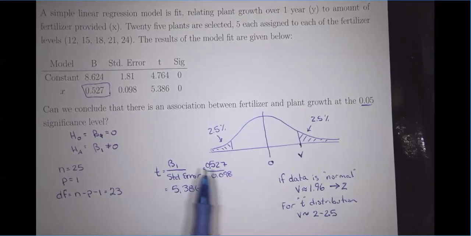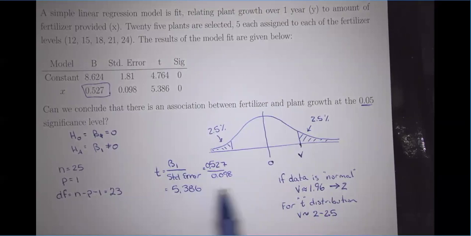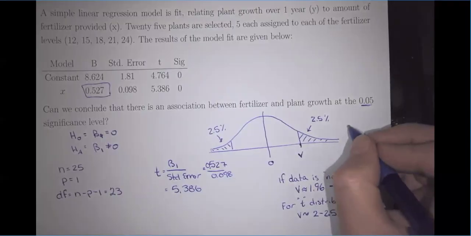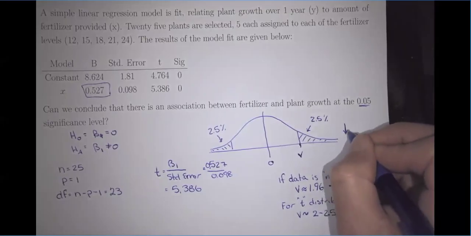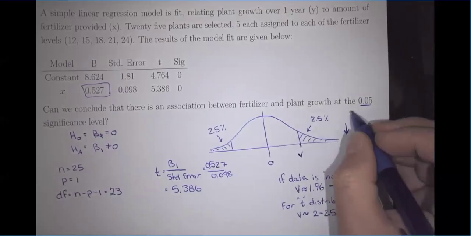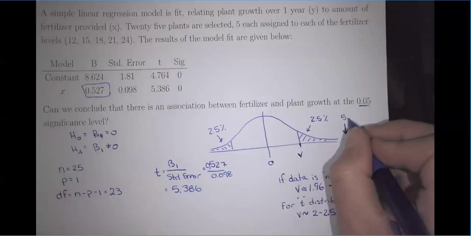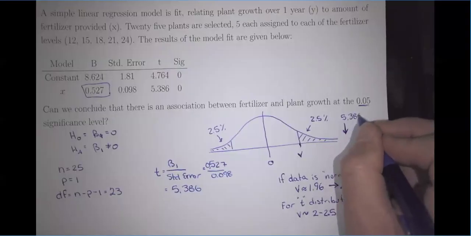So our beta 1 value ends up being more than 5 standard errors away from 0. So looking at this model, whether we're using a normal model or a t model, both with the same shape, our cutoff value, our t value, or our z value, is somewhere out here, 5.386.